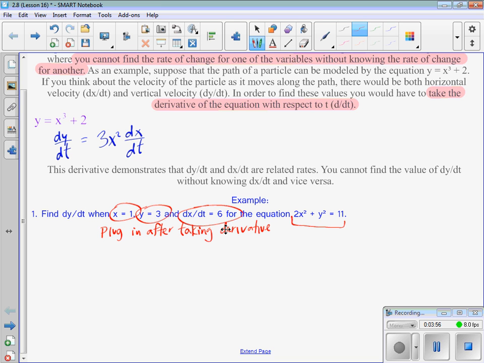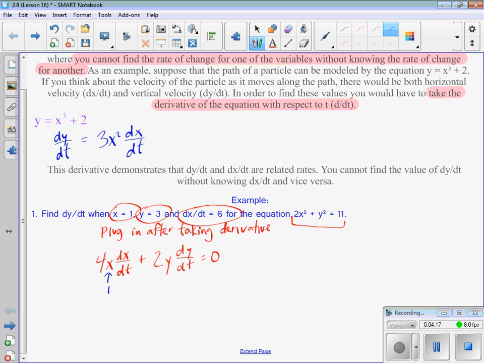So let's try the derivative. What's the derivative of the 2x squared? There we go. Plus, there you go. And then we're going to plug numbers in here. So I know my x is 1, so I'll be putting 1 in there.